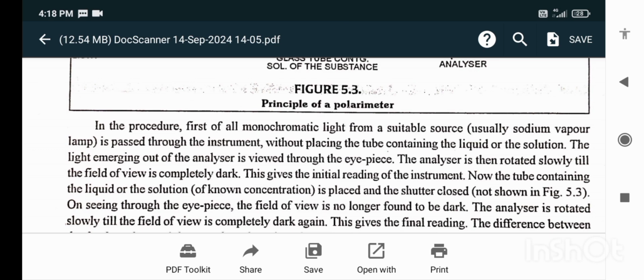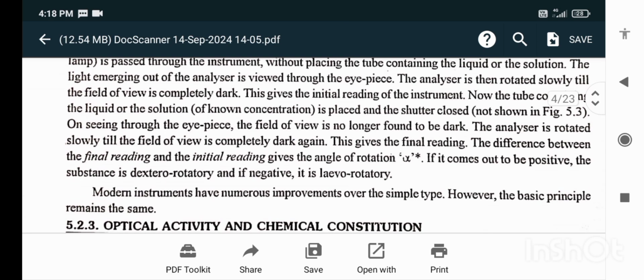Now the tube containing the liquid or the solution is placed and the shutter closed. On seeing through the eyepiece, the field of view is no longer found to be dark. The analyzer is rotated slowly till the field of view is completely dark again. This gives the final reading. The difference between the final reading and the initial reading gives the angle of rotation. If it comes out to be positive, the substance is dextro-rotatory, and if negative, it is levo-rotatory.